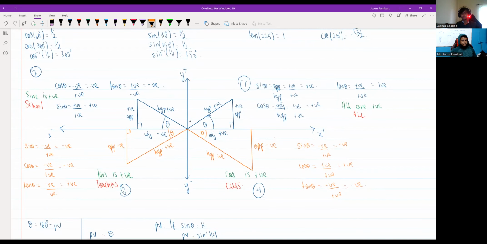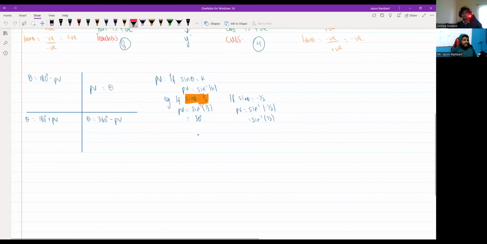It could be in either quadrant 1 or quadrant 2. Either or. So we proved that sine theta is a positive number in these two quadrants.